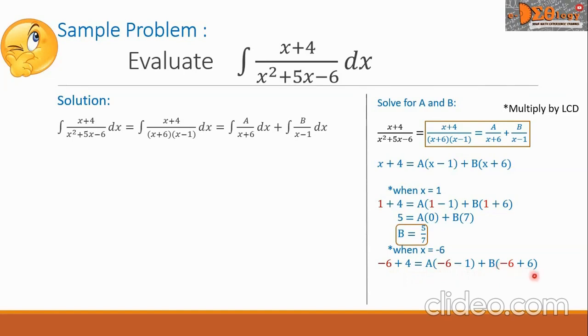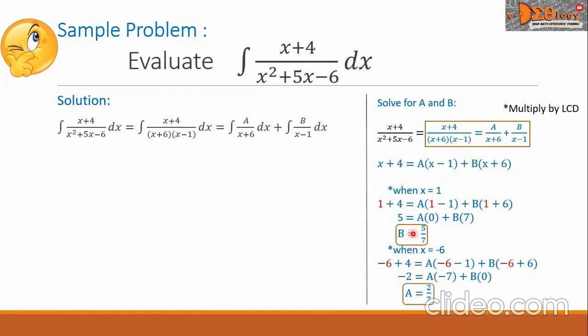This negative 6 plus 6 will give B times 0. And this A will have coefficient of negative 7, while the left side will be negative 2. So the value of A will be positive 2 over 7.